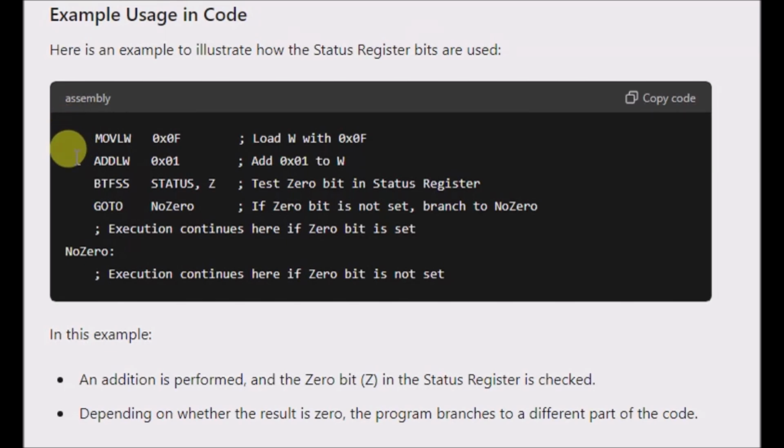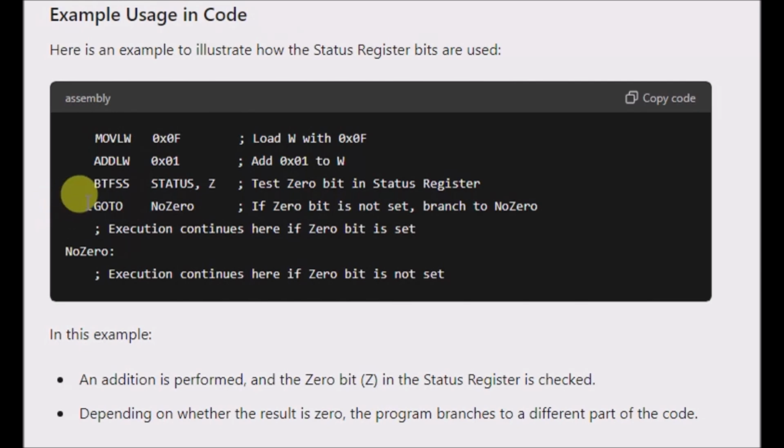ADDLW 0x01. Add a literal value, 0x01, to the working register. BTFSS STATUS, Z. Bit test file skip if set. Test zero bit in status register. GOTO NOZERO. There's a label here, NOZERO. If zero bit is not set, branch to NOZERO.